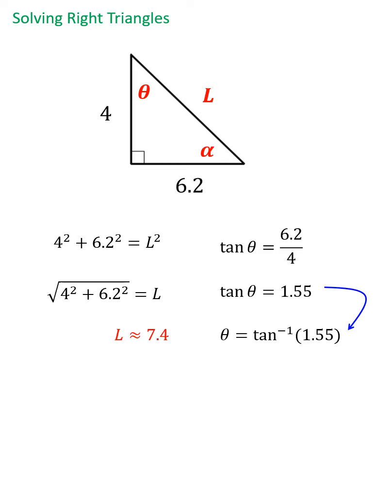In general, it is not correct to say if the tangent of theta is 1.55, that theta must be the inverse tangent of 1.55. That is not generally allowed, to just simply bring a tangent over as an inverse tangent. That's an illegal math move in general.